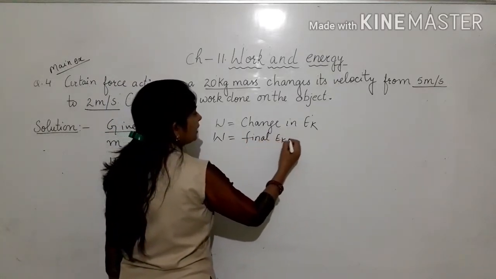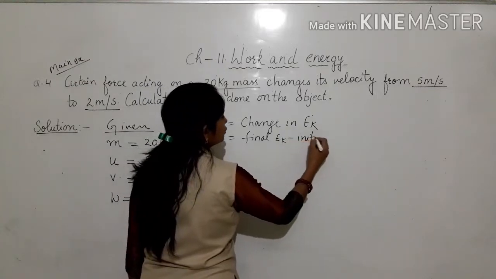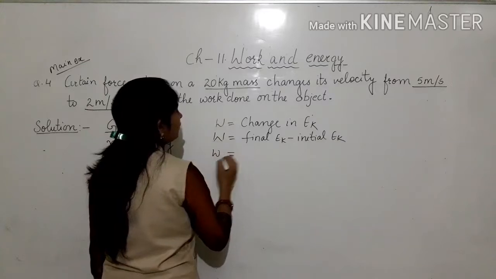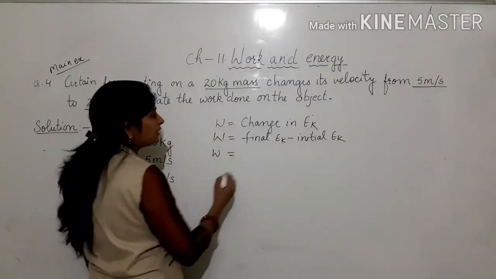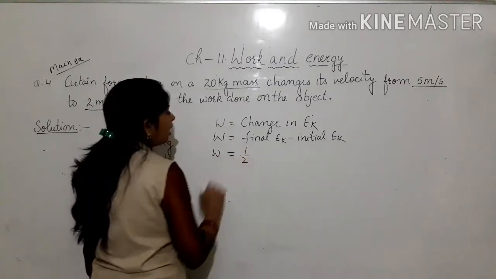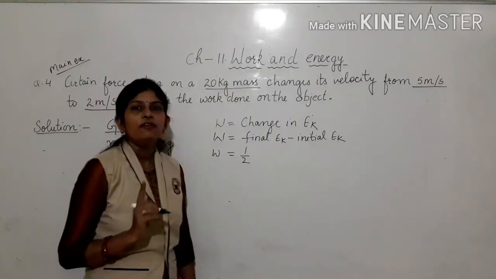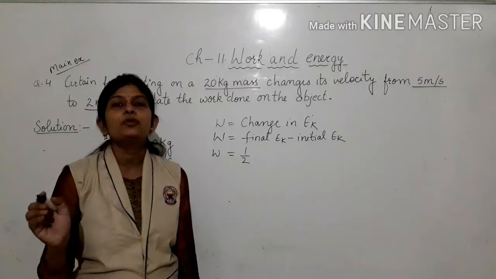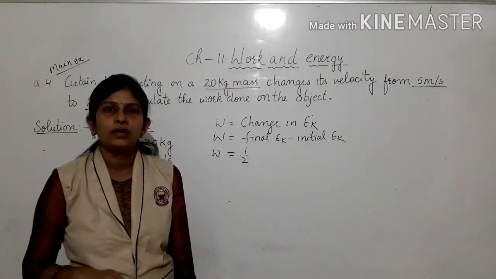Work is equal to final kinetic energy minus initial kinetic energy. The formula of kinetic energy is half into mass into velocity square.